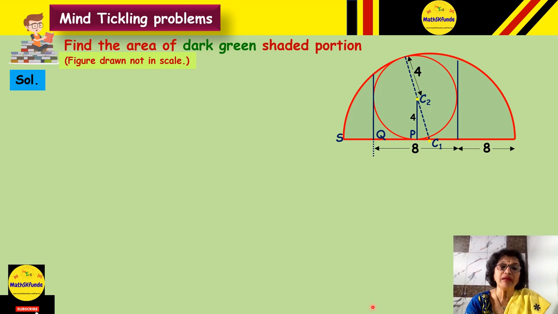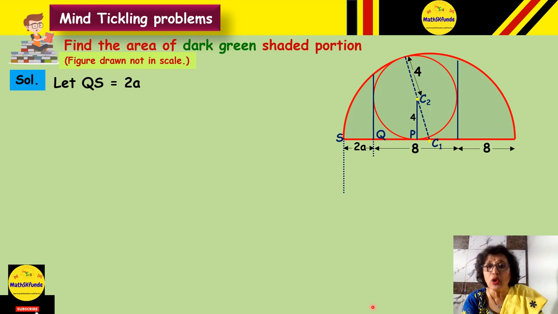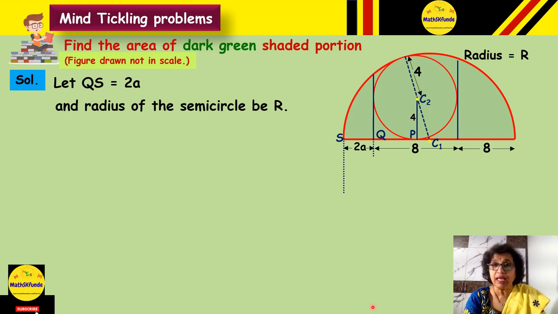So first of all, we need to give a name here. I name this as 2a. Why 2a? It is only for my convenience, which you will realize in the following steps. Also, the radius of the semicircle we have not yet named. So I take the radius as, say, capital R. Now we have to get an expression for R in terms of a.